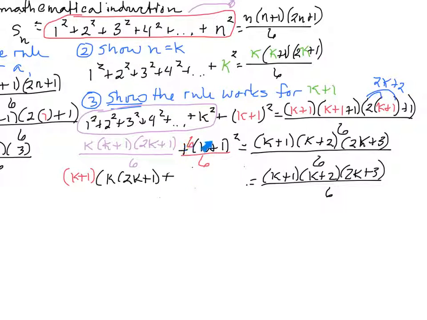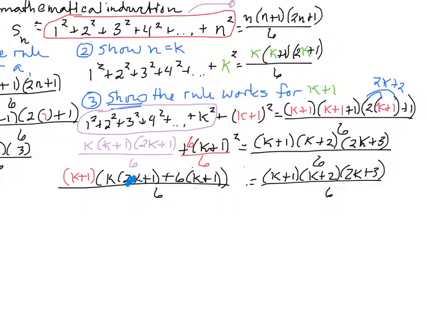What do I have left? A 6, right? And one of the k plus 1s. So I have a 6 times a k plus 1, in parentheses, all over 6 because they're both over the same denominator. Do you see how I have a k plus 1 on the left and a k plus 1 on the right?